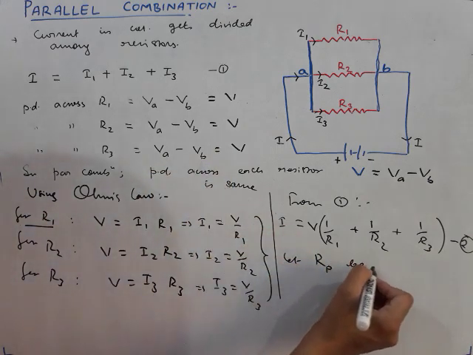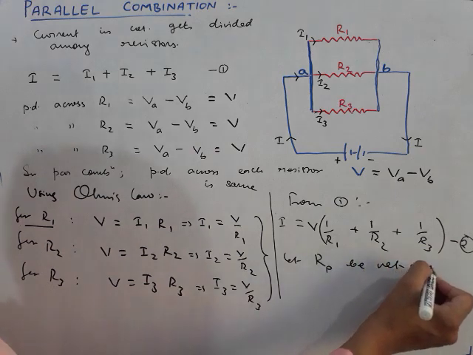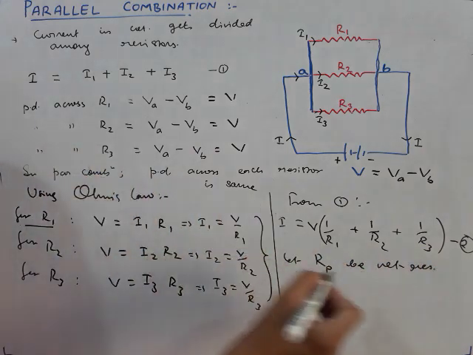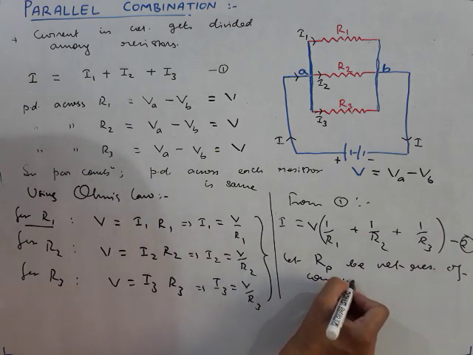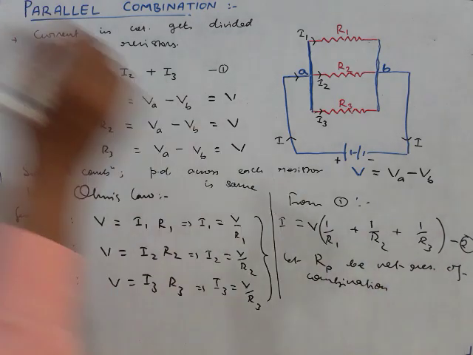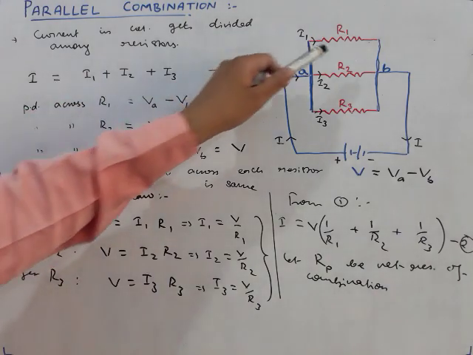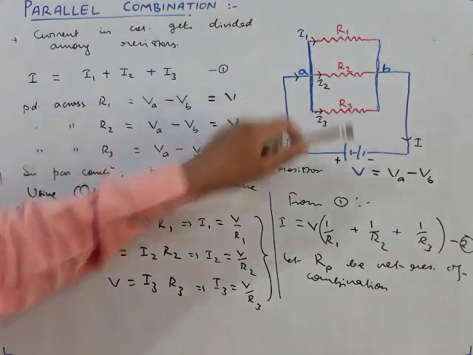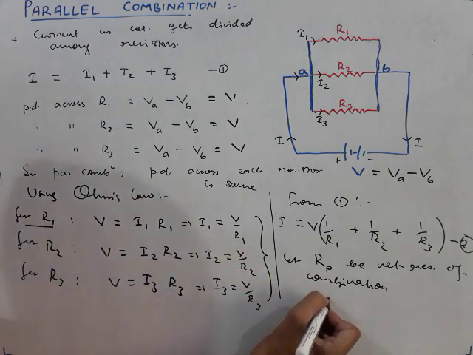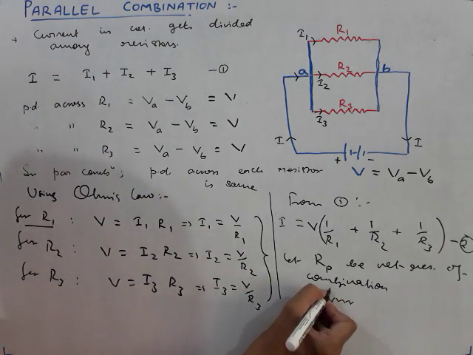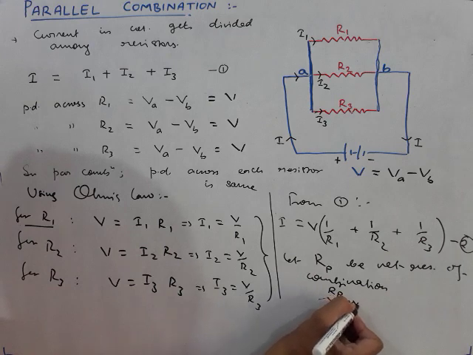Let RP be the net resistance or equivalent resistance of the parallel combination. That means, what I had told earlier, we will remove R1, R2 and R3, and instead of them, we will put a single resistance whose value will be how much? Rp. And this will be connected to the battery.